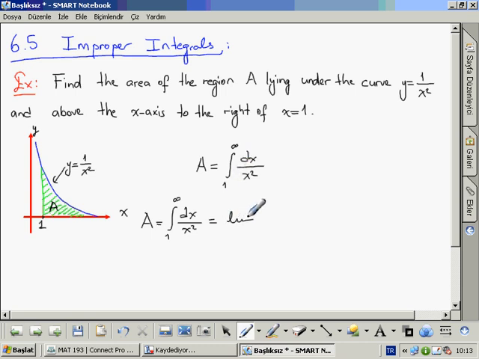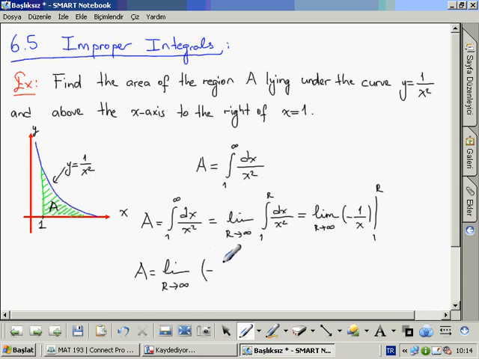So limit r approaches infinity of the integral from 1 to r of dx over x square equals limit r approaches infinity of minus 1 over x evaluated from 1 to r. So A equals limit r approaches infinity of minus 1 over r minus 1.